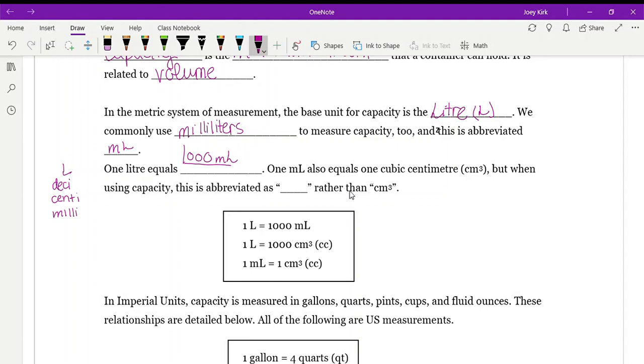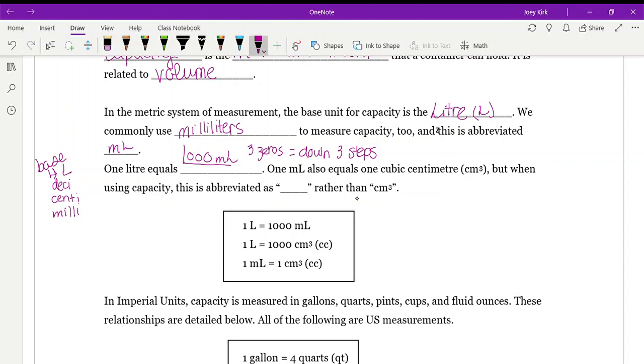Remember we were talking about the number of zeros: if we have 3 zeros, that means we went down 3 steps, right? So we've gone from the base unit, the liter, all the way down to the milliliter, okay?